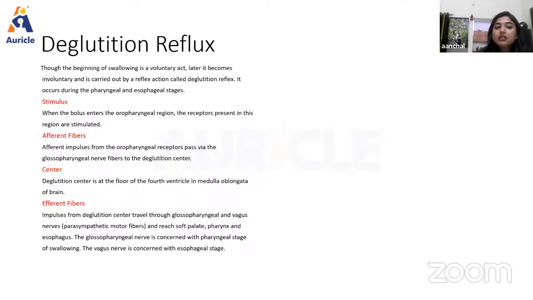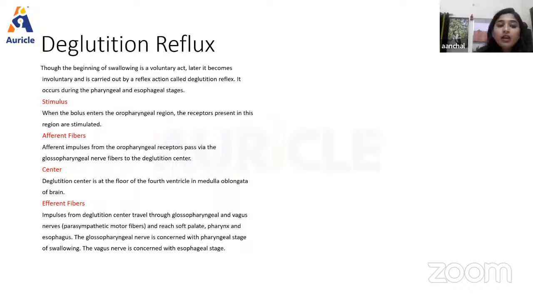The stimulus is when the bolus enters the oropharyngeal region, the receptors present in this region are stimulated, and this reflex is initiated. The afferent impulses from the oropharyngeal receptors pass through the glossopharyngeal nerve to the deglutition center. And we know that the deglutition center is present in the medulla.